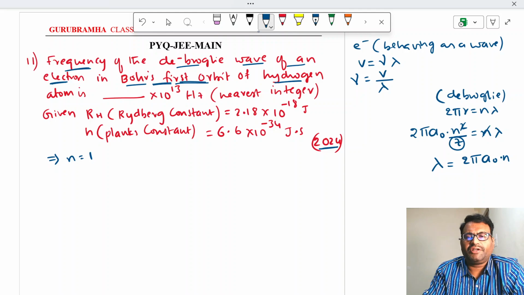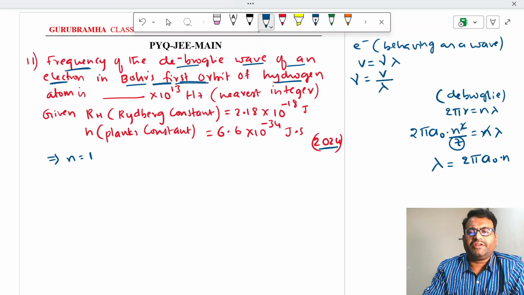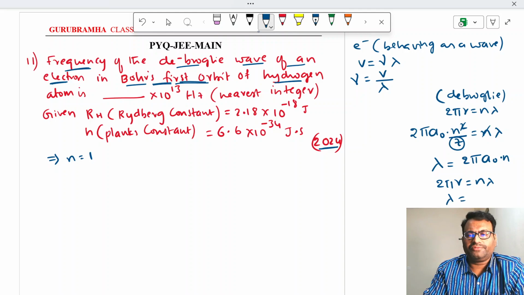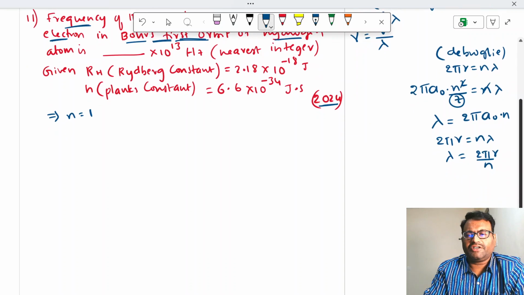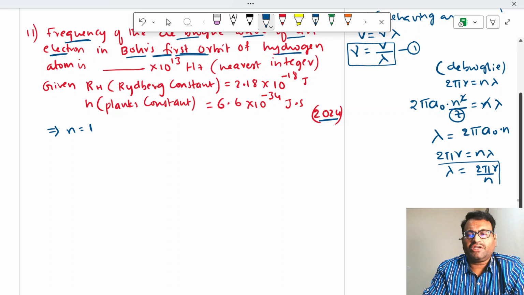Or simply this can also be applied, where the number of the orbit is not given. When the number of the orbit is not given, we have the formula 2 pi r is equal to n lambda, so lambda is equal to 2 pi r by n. So let us substitute here. This is equation 1, and let us take this as equation number 2.